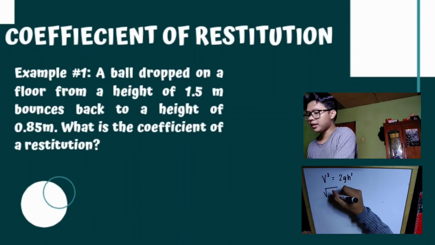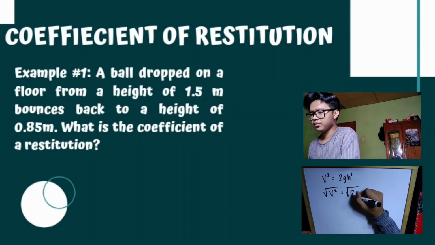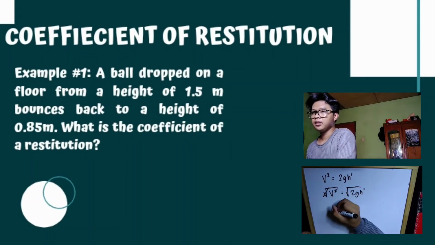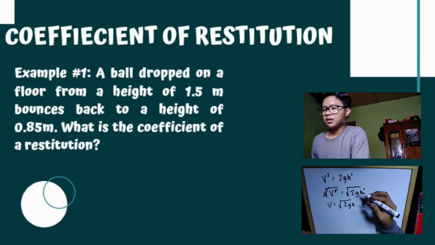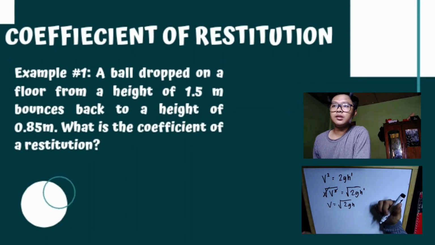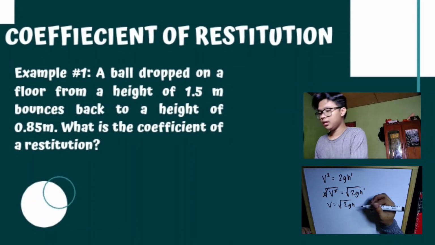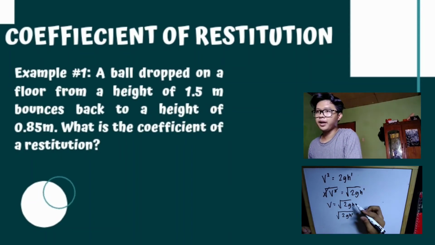Square root natin both sides para makancel si squared. We have now v equals square root of 2gh prime. Take note na yung velocity na ito ay positive kasi pataas yung bola. Upward yung velocity.